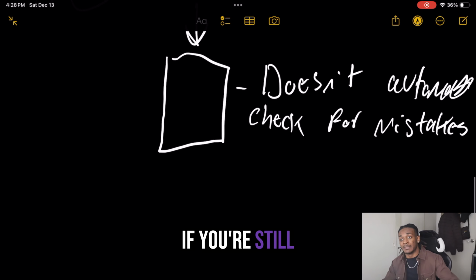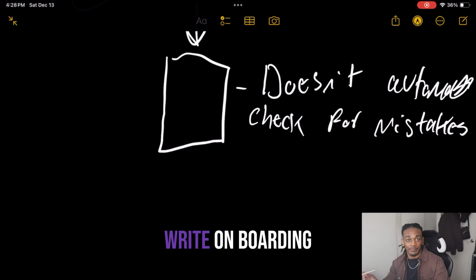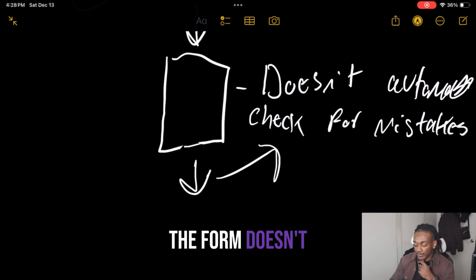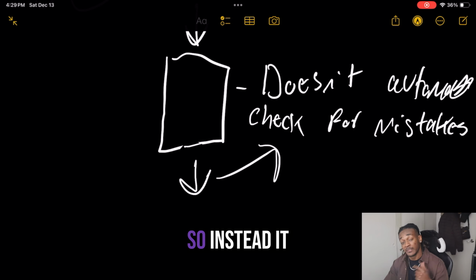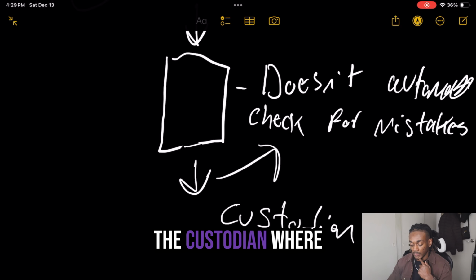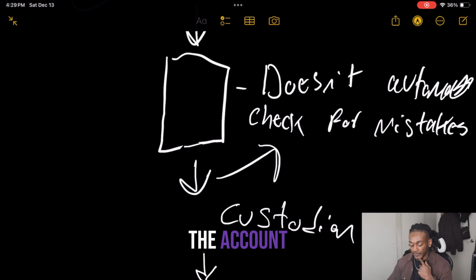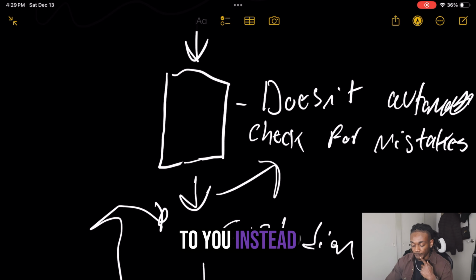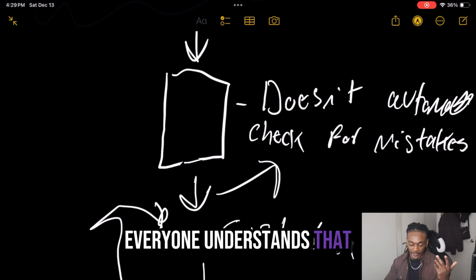So as they're filling it out, the form doesn't check for this. Instead, it goes from them to the custodian where they're opening up the account. They see that there's an error, so they send it right back to you. Very simple process. Everyone understands that.